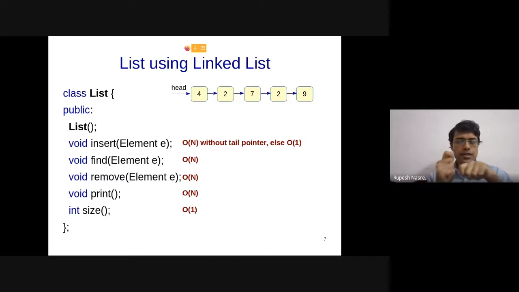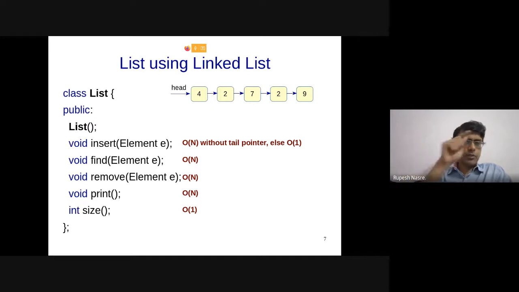Okay. So if I have to insert an element into this list, right? What is that element type? Element type is essentially that node. And within that, there is an integer and there is a pointer for now. So if I have to insert an element, maybe at the end of the list, that is, if I'm inserting, let's say 5, and I want it inserted at the end of the list, which is after 9, then I need to start from head, traverse the list, and then reach 9, and then insert the element there by creating a new node, copying the value 5, and then updating its pointer and so on.